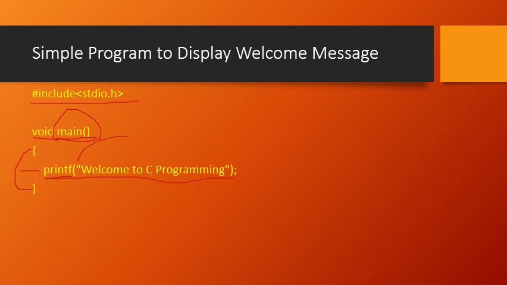It is identified by what we have written within this double quote. So here we have written welcome to C programming. When we execute this program on a computer where the C compiler is present, it is going to display as the output: welcome to C programming.